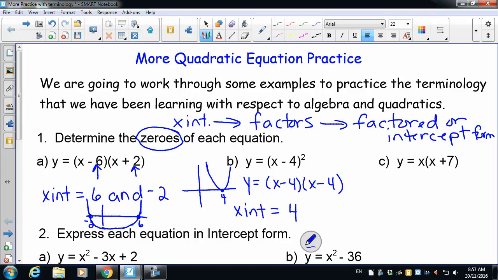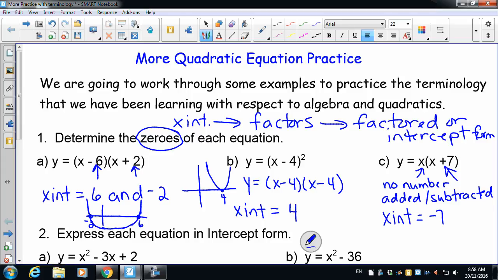And then C is a little trickier. It's got a couple of x's, but only one of them has a number with it. Well, that one's easy. If it's plus 7, that means the x-intercept's a negative 7. But this crazy x right here also tells us something about x-intercepts. If there is no number added or subtracted, that really just means you're adding or subtracting 0.